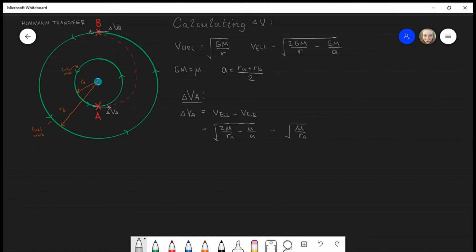I'm using Ra on the denominator because it is for point A, and it's the point where the transfer ellipse touches the initial orbit, which has a radius of Ra. I'm then going to input the expression that we derived for the semi-major axis.